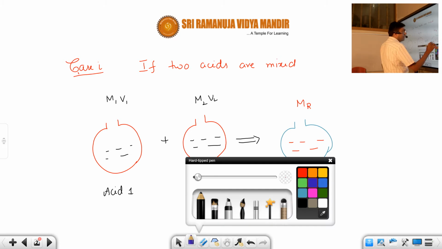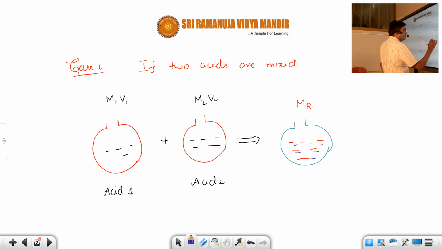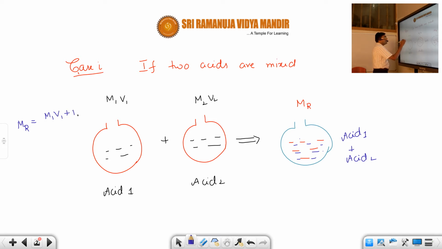So here there is a mixture of two acids, acid 1 plus acid 2. In this case, the formula is given by: resultant molarity is equal to M1 V1 plus M2 V2 by V1 plus V2.